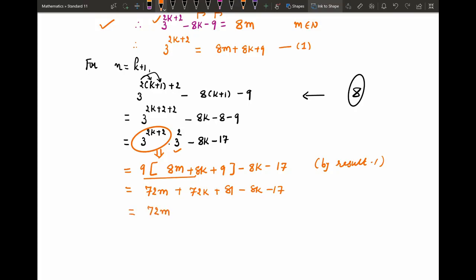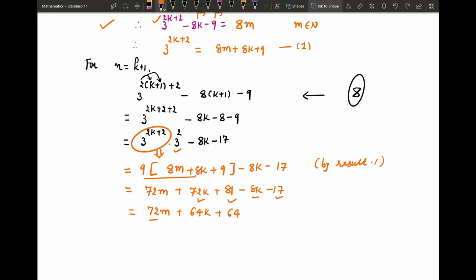Combining 72k minus 8k gives 64k, plus 81 minus 17. When we simplify, 81 minus 17 is 64.